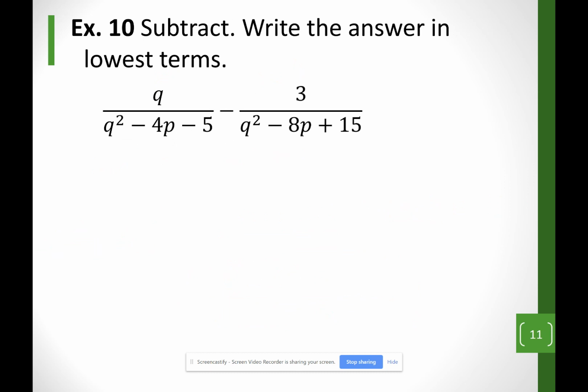Lastly, looking at this one, I know it's a little different on your PowerPoints, but this is how it's supposed to be. Looking at my first fraction, I can factor that as q minus 5, q plus 1. Looking at my second fraction, I can factor that as q minus 5, q minus 3.